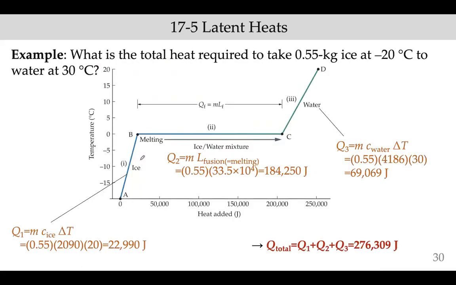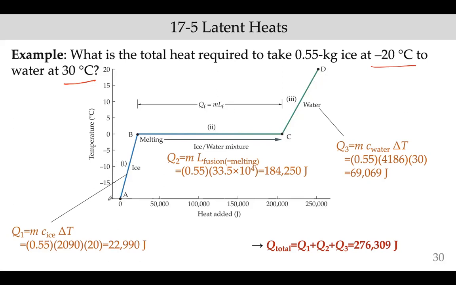Now, in this example, the question is, what is the total heat required to take 0.55 kilogram of ice at negative 20 degrees Celsius to positive 30 degrees Celsius? In these problems, it may be a good idea to plot this graph.